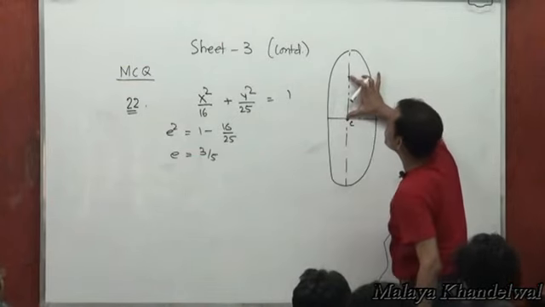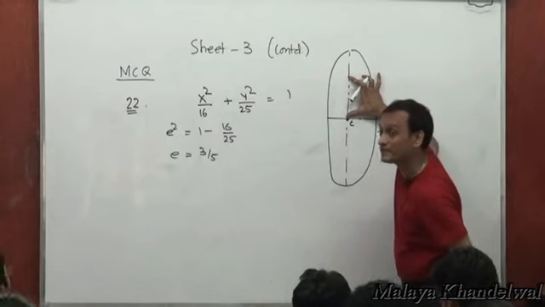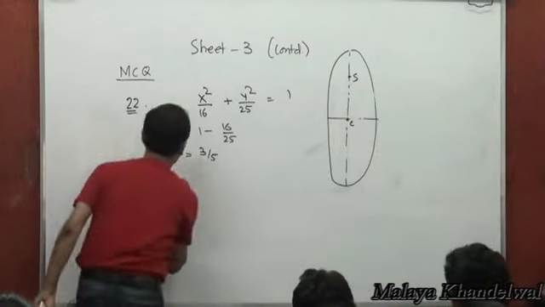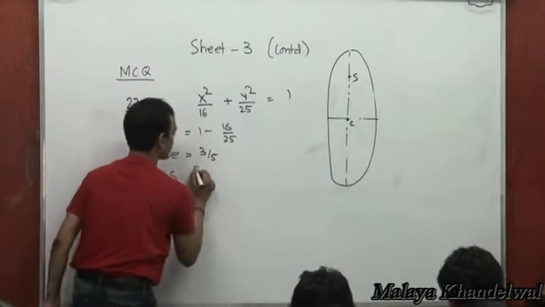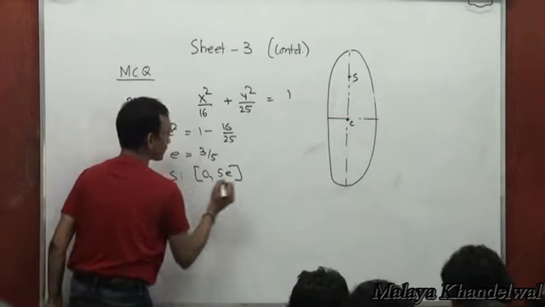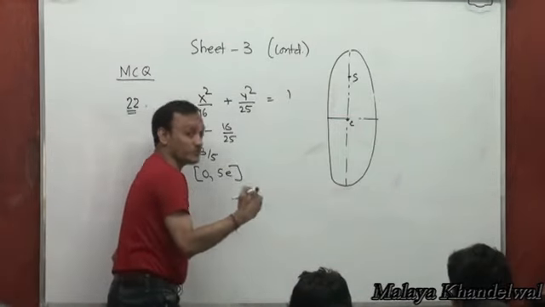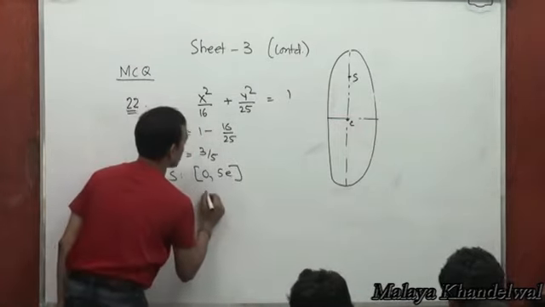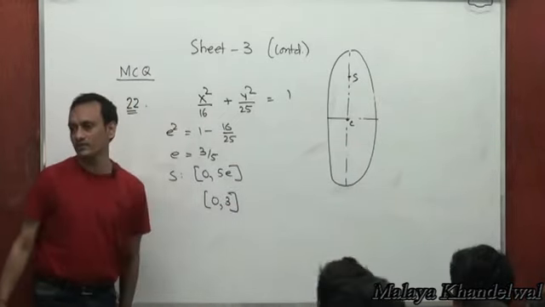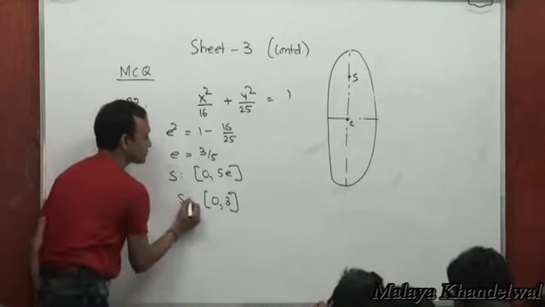So this would be 5 into E, right? So the focus S is 0, 5E. That's a focus which is also the center of the required circle. So which is like 0, 3 is the focus. 0, 3 is the focus S.